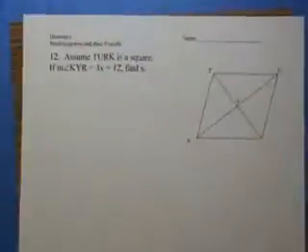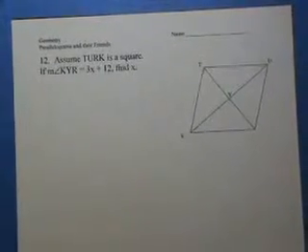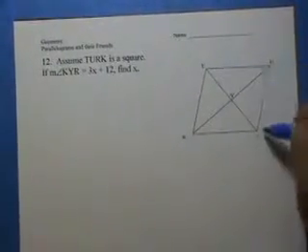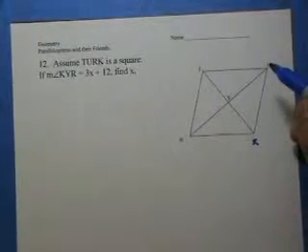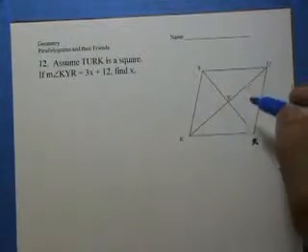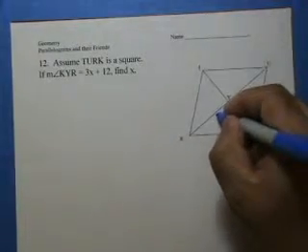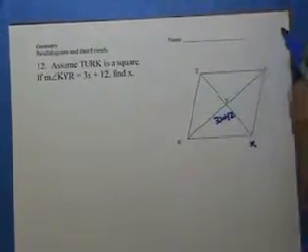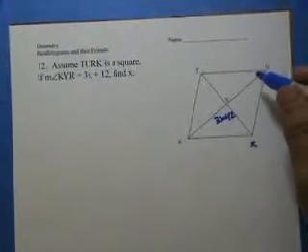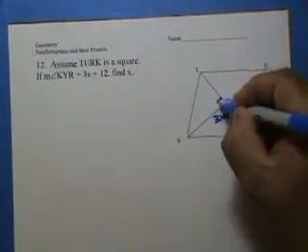Number 12. This time we're assuming that TURK is a square. We're told the measure of angle KYR. That's this angle here. A square is like a rhombus. Therefore, the diagonals are perpendicular.